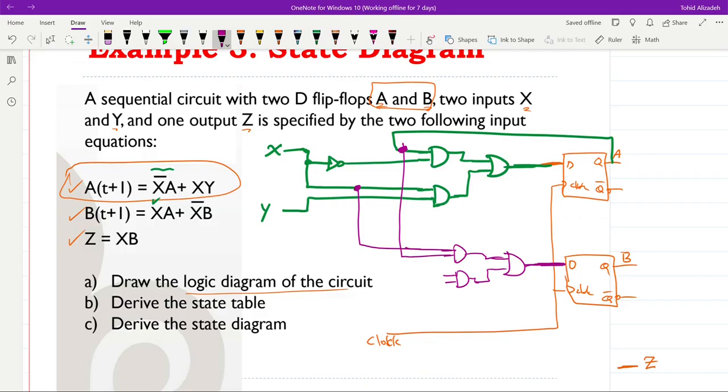So this dots means that we have a connection here. For the second one, we have not X and B. Let's use another color maybe here. Not X and B.